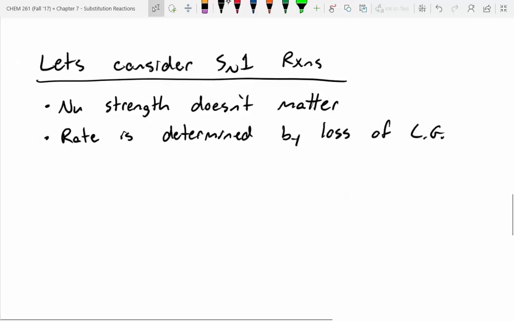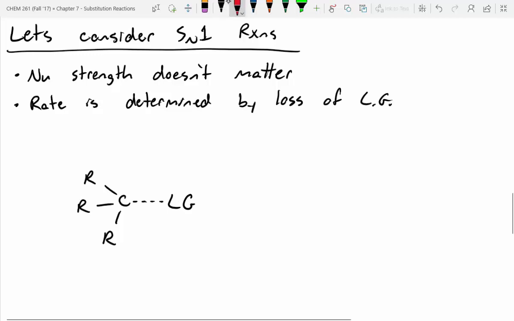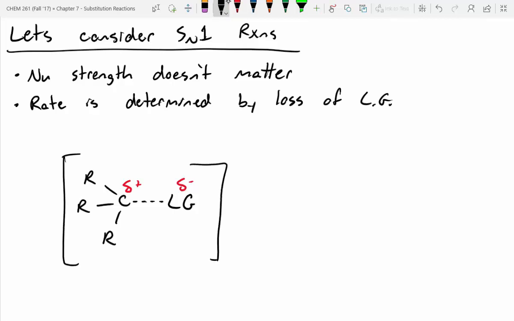All right, so let's think about it this way. The transition state that we're trying to stabilize in this case, I'm going to redraw it down here. It's going to be something where the leaving group is falling off. So this will be delta negative. This carbon will be delta positive. And this is our transition state.